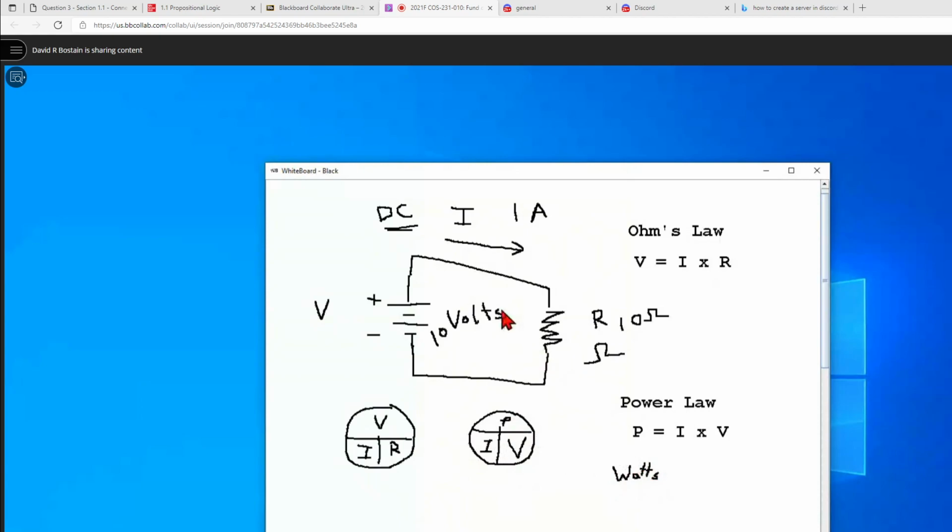So in our case, we had 10 volts of pressure on our device, and the device had 1 amp going through it. So 1 times 10 means we were dissipating 10 watts worth of power. And the resistor has to be made accordingly.